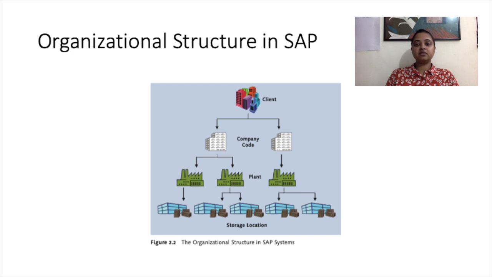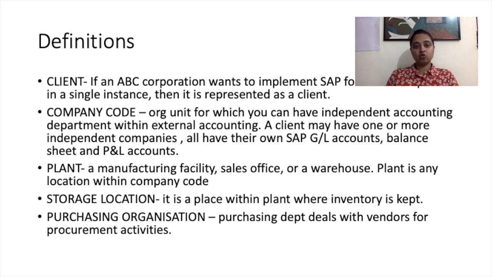So the client, for example, suppose ABC corporation wants to implement SAP in all its companies in a single instance, then it's represented as the client. Whereas company code is the organizational unit which is having all the independent accounting entries, and it may have one or more independent companies all having their own GL accounts, balance sheet and profit and loss accounts.